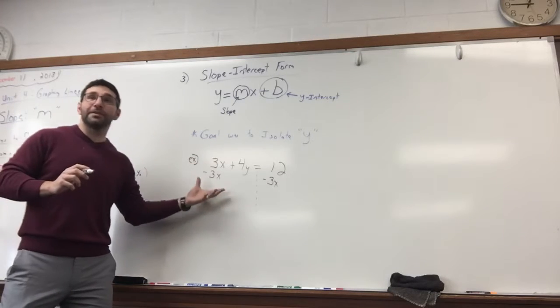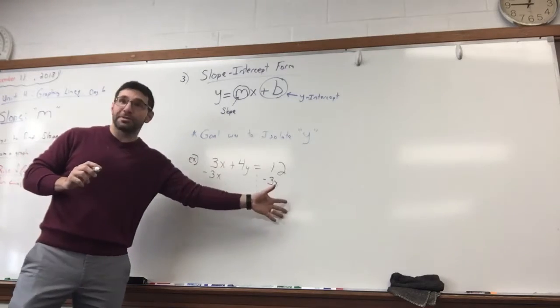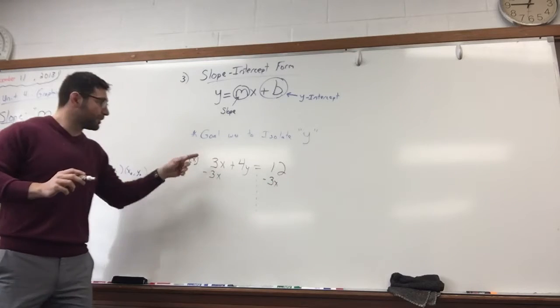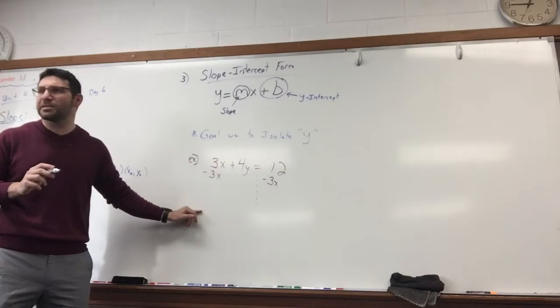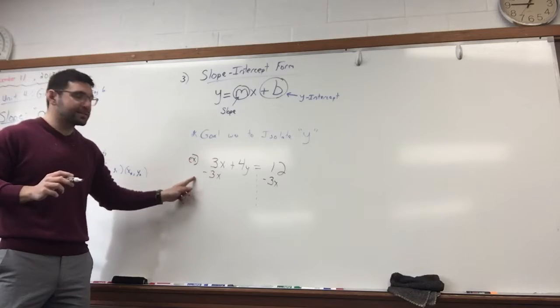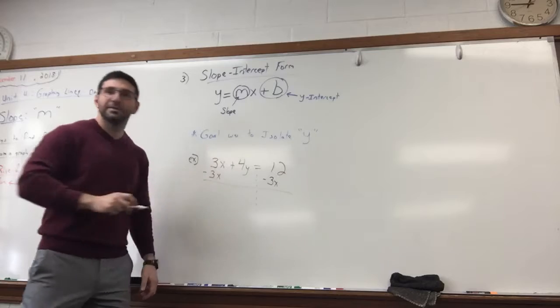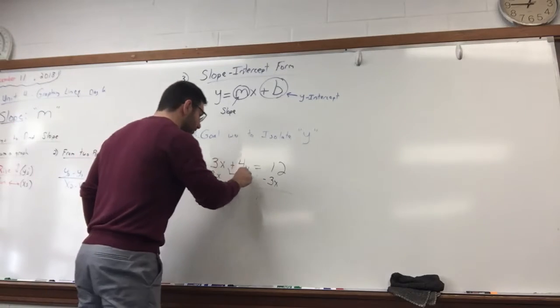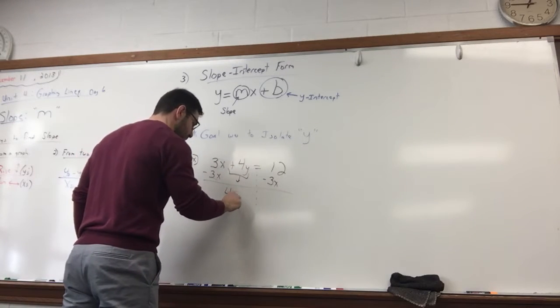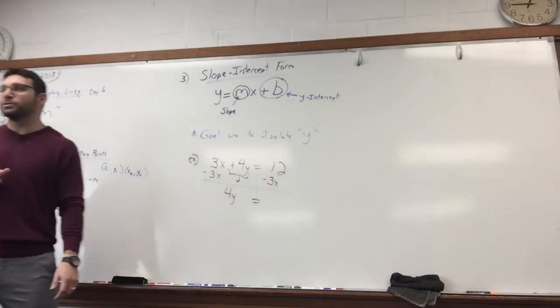So we're trying to move everything from this side to the other side to get y by itself. If I added 3x, that would give me 6x, which doesn't move it from this side. But 3x, taking away another 3x is 0x's. So this is now 0 on this side. All of this comes on down. So now I have 4y equals.